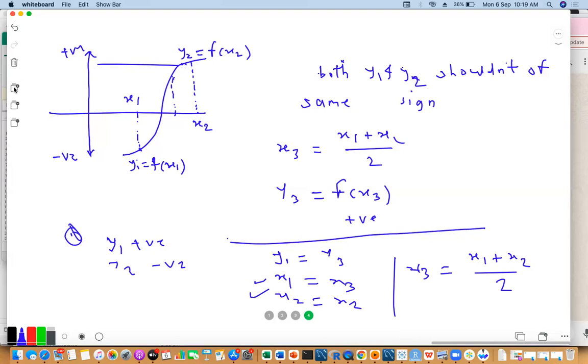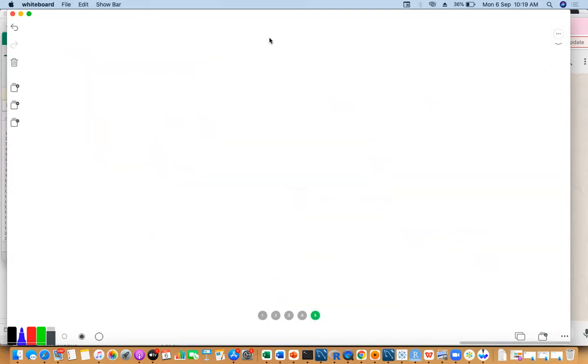So let us take one example. With the example, it will be more clear. We want to find the root of the equation f of x equal to cos x minus 1.3x, and the initial guesses are x1 equal to 0 and x2 equal to 1.